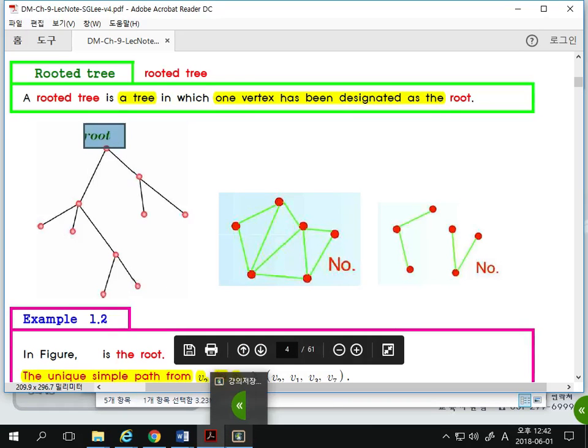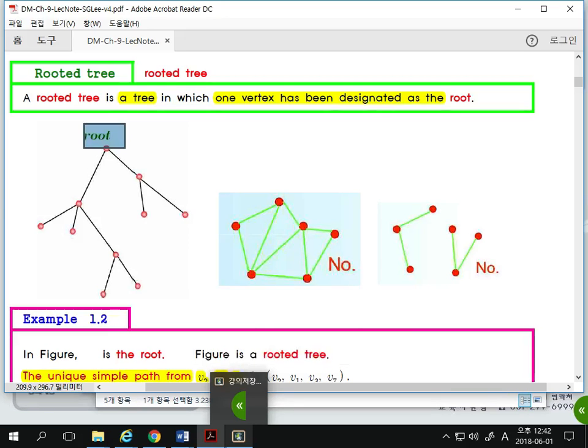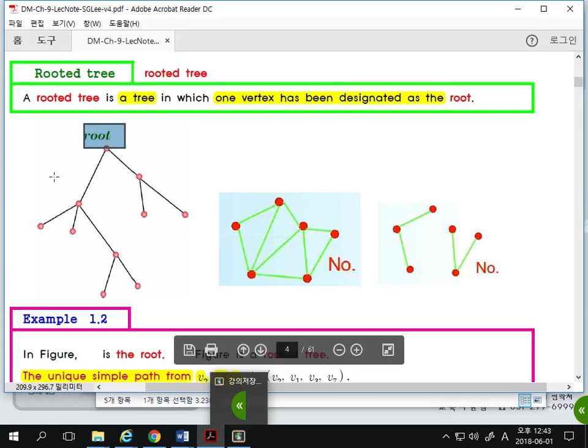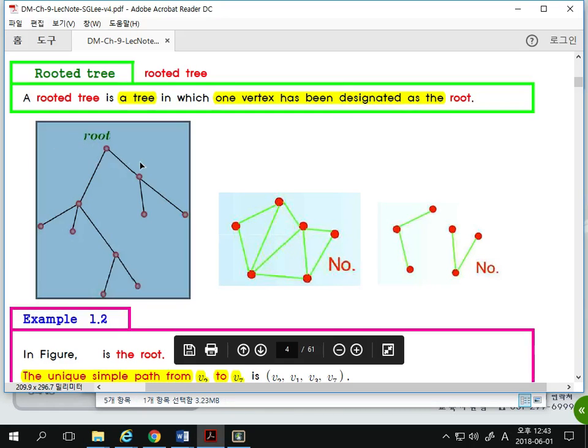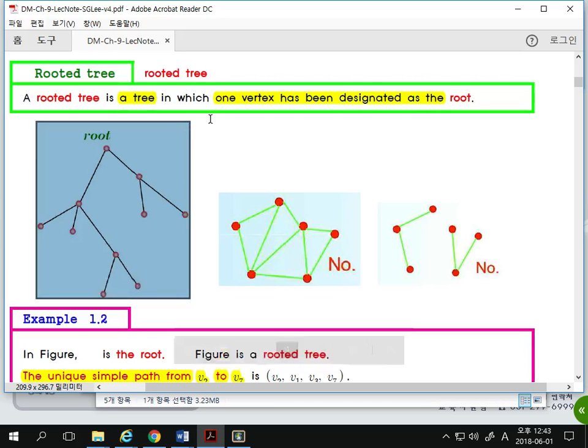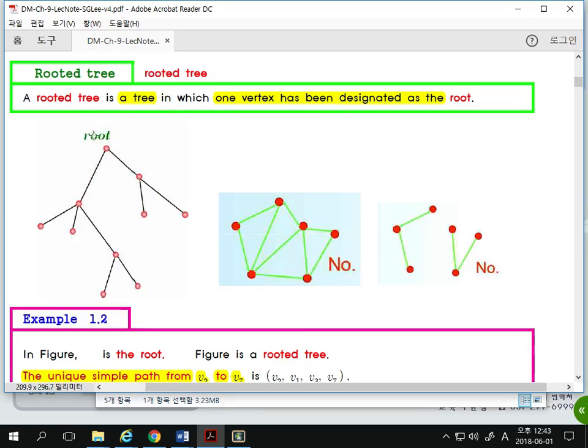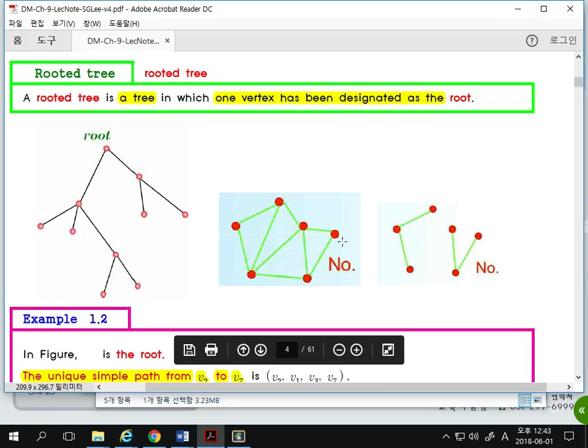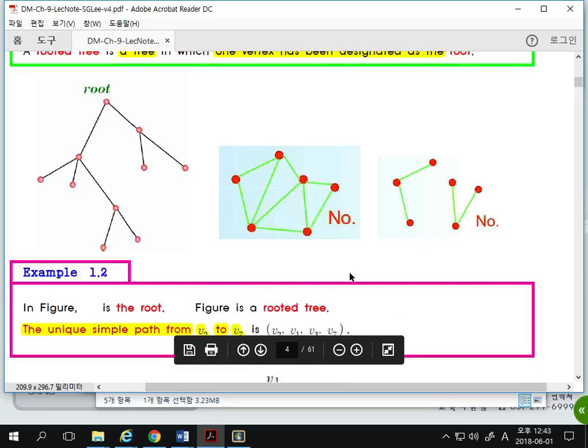So it starts from the father, then sons and grandchildren, like this. It starts from one root, so it is a rooted tree. This one doesn't have a root, and this one doesn't have a root, so these are not rooted trees.